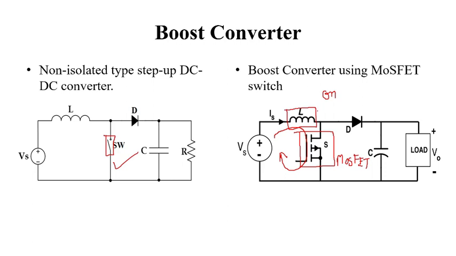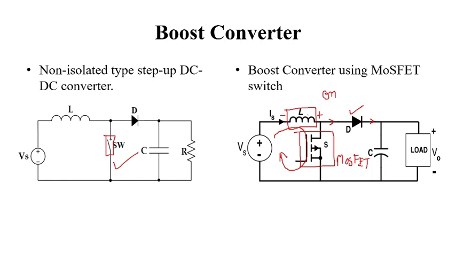In this on period, the inductor stores the energy, and during the off period, when the switch is off, this diode is going to be forward biased, because the inductor voltage is positive on this side and negative on this side. It makes the diode forward biased and it starts conducting and tries to supply the load.